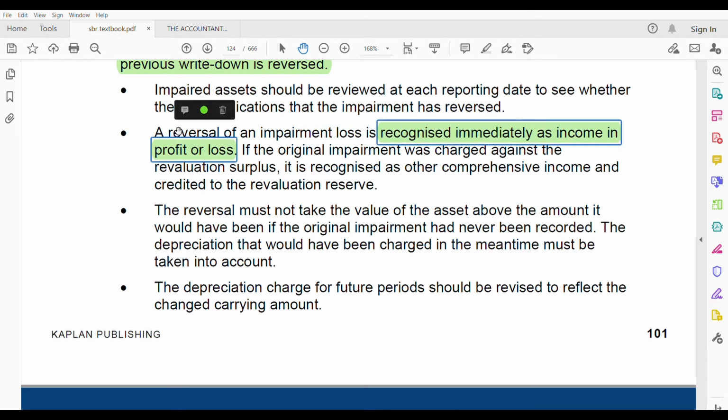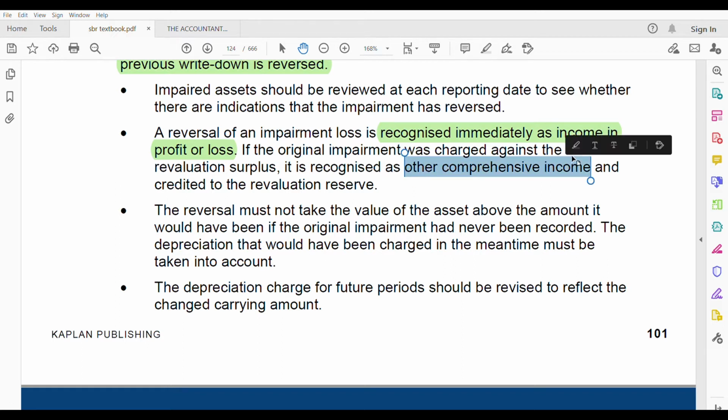If the original impairment was charged against the revaluation surplus, because sometimes that impairment is based on a revalued asset, then that gain will go to other comprehensive income and be credited to revaluation reserve. It will be credited because your revaluation reserve will go up. It's an income now. Reversal must not take the value of the asset above the amount.